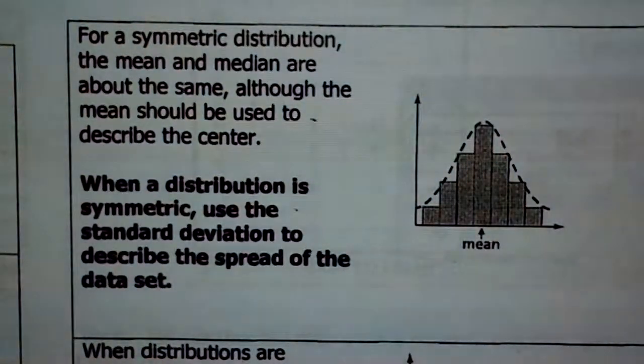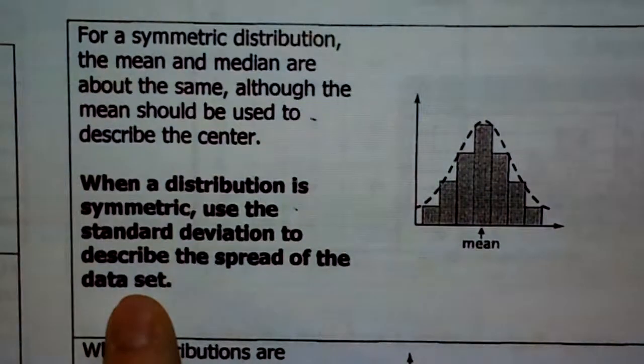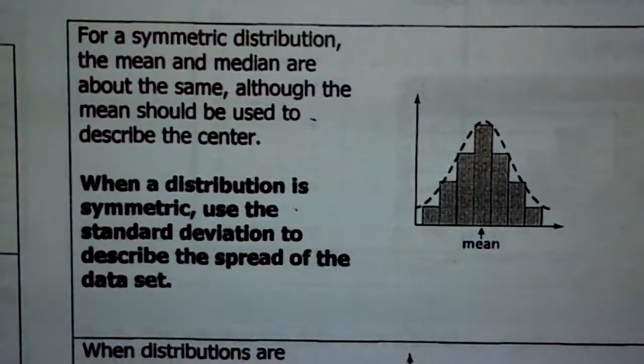The median's just the one that's in the middle, the mean includes them all. So when you see symmetric, use the mean. When a distribution is symmetric, use the standard deviation to describe the spread of the data. So again, both of these, you're using all of the values in the data set.